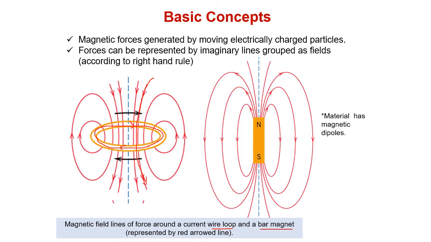And for the bar magnet, the material has magnetic dipoles, which are the north and the south pole. The magnetic field will move from the north and it will enter the south. So the magnetic field is represented by the red arrowed line.